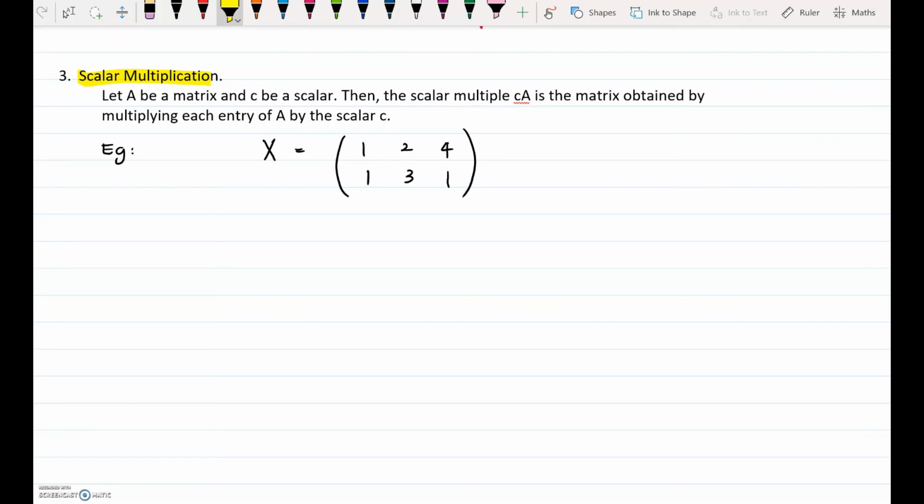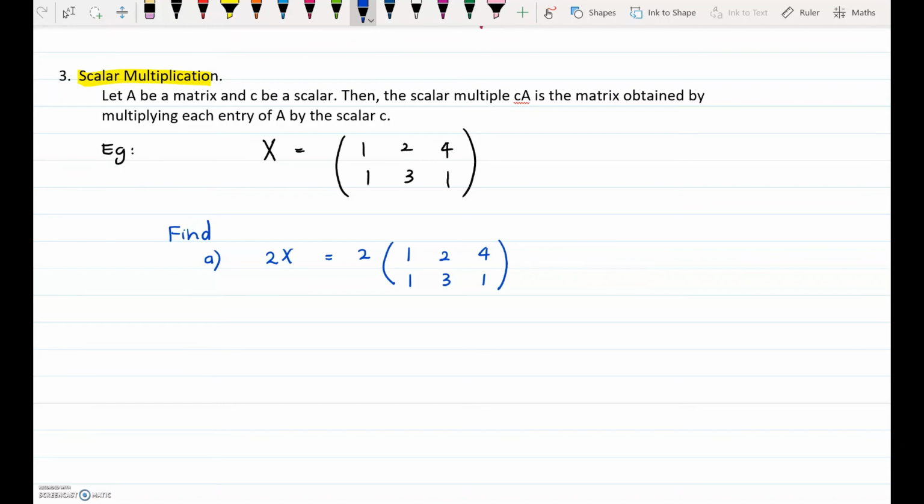Let's say we have the matrix X is 1, 2, 4, 1, 3, 1, and we want to find 2 times matrix X. That means you will get 2 times 1, 2, 4, 1, 3, 1. Each entry of X must be multiplied with the scalar.